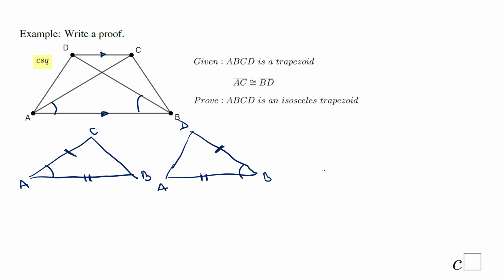So that's my last part of this proof, or I can do a two-column proof like we did in the previous one. So this problem is a combination of a paragraph proof and a two-column proof.